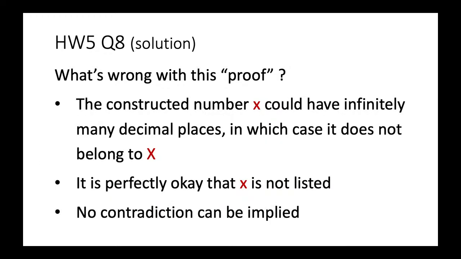But there's nothing wrong, because the number that is constructed was not originally in the big set X. So it is natural that it will not be listed. It is not required to be listed. So there is no contradiction at all.